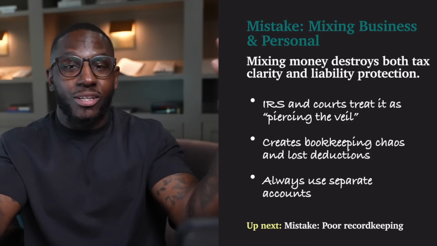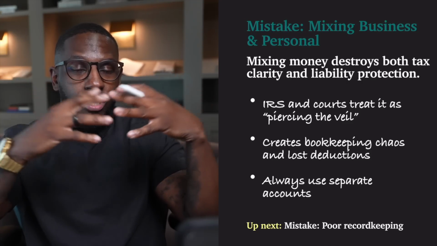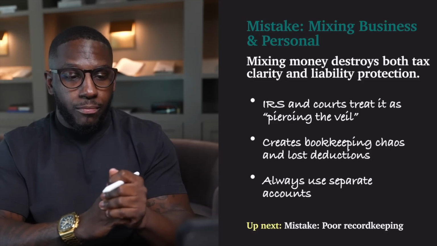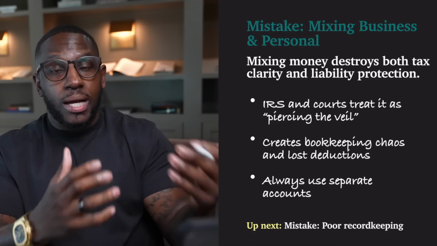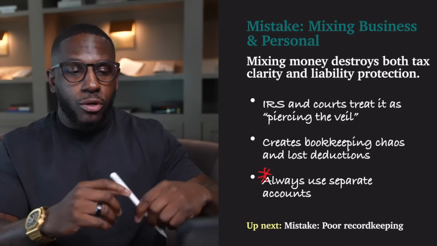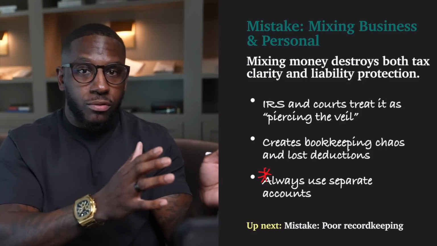You and your business are not separate if your assets and the money and the transactions all commingle with one another. So it creates bookkeeping chaos and lost deductions, as well as lowering your liability protection. So you always want to use separate accounts for your business and your personal life.